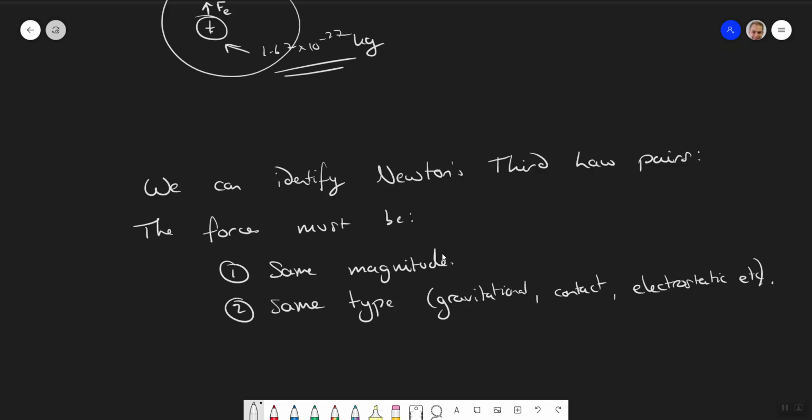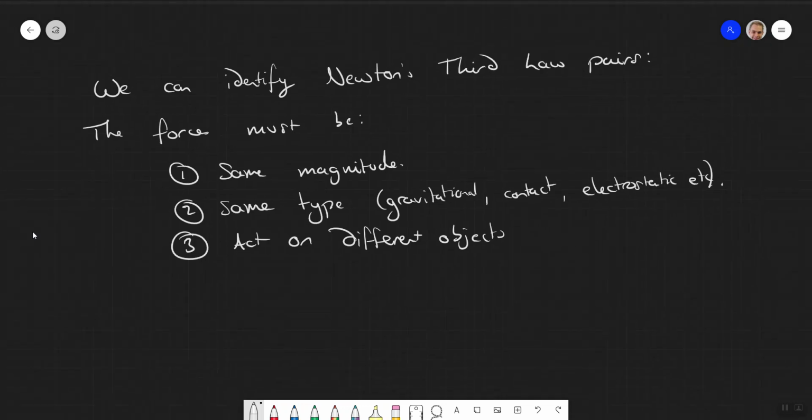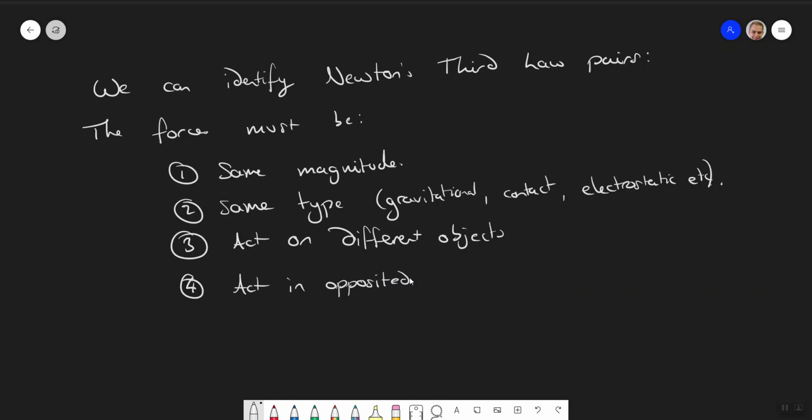They've got to be the same type of force; the cause of them must be the same; 3, they must act on different objects; and 4, act in opposite directions.